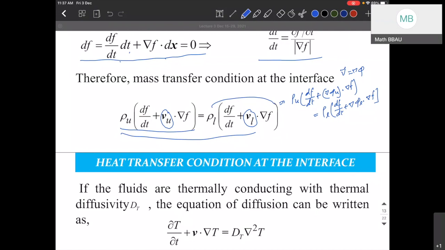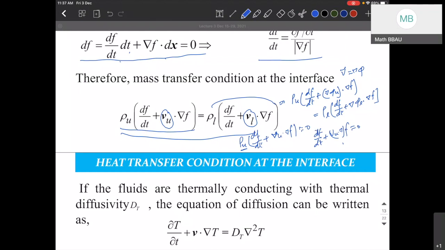Now just think, if there is no heat transfer or mass transfer at the interface, then rho u df by dt plus gradient vu dot gradient f equal to 0. Density will never be 0, so this is df by dt plus vu dot grad f is equal to 0.